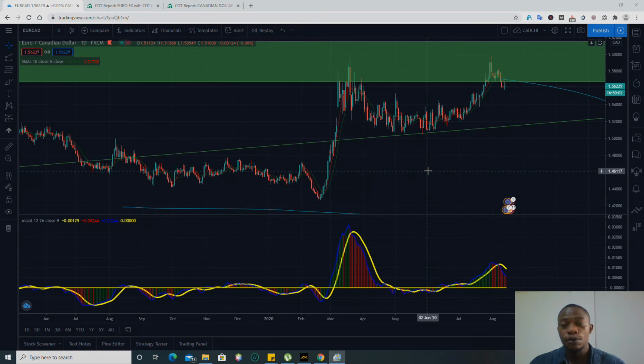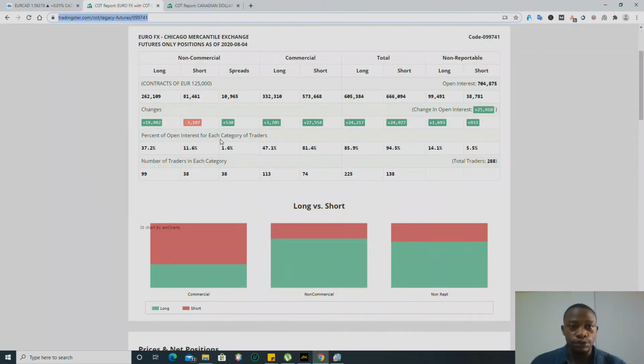The Commitment of Traders is a market statistic released at the end of every week, showing us exactly what is happening in each currency, which is weakening and which is gaining strength according to the data.